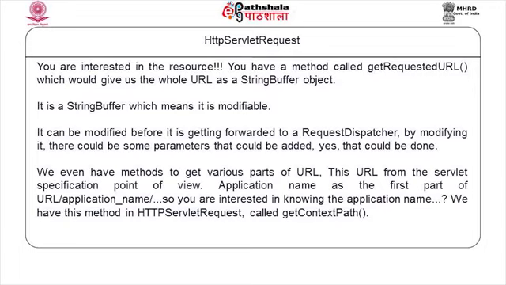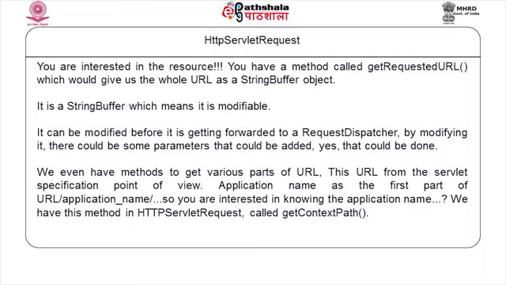We even have methods to get us the various parts of the URL. In this URL, from the servlet specification point of view, we have the application name as the first part of the URL, the very first unit after the slash. The servlet may be interested in knowing the application name.